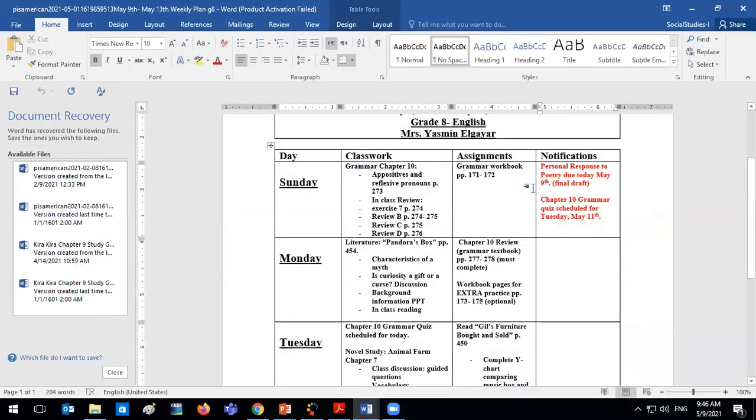Please be reminded that your essays are due tonight, May 9th. Final drafts. Okay, MLA formatting. I'm going to be very critical grading these. Okay, I'm going to look at my instructions and see if you're following them per paragraph. Any capitalization mistakes or spelling mistakes that need not be made.